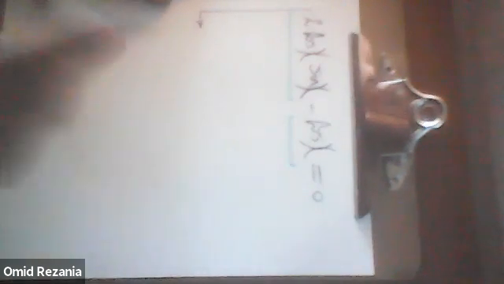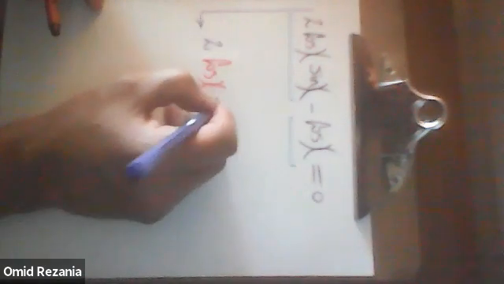The first approach that you may think of is this. Because I have minus cosine x, I can take cosine x to the right side of the equation, then its minus becomes plus. Then what do I have? It becomes 2 times cosine x sine x should equal cosine x.